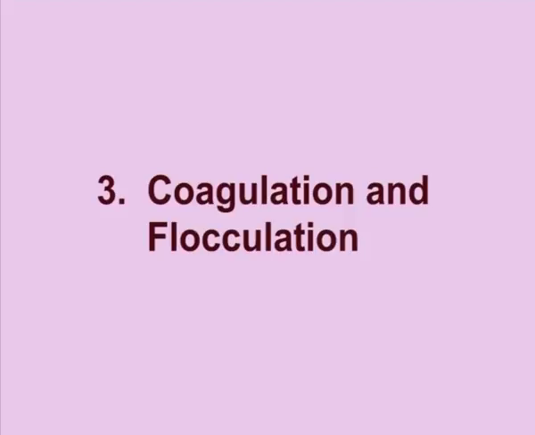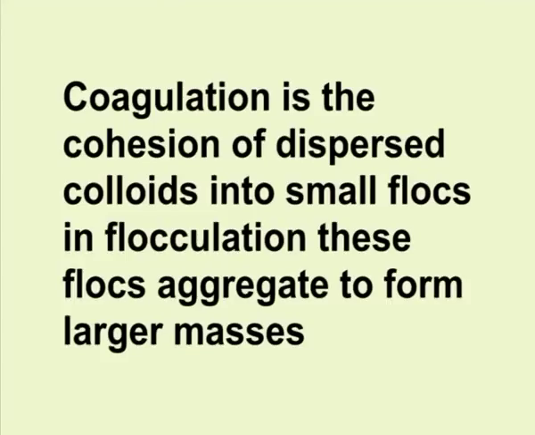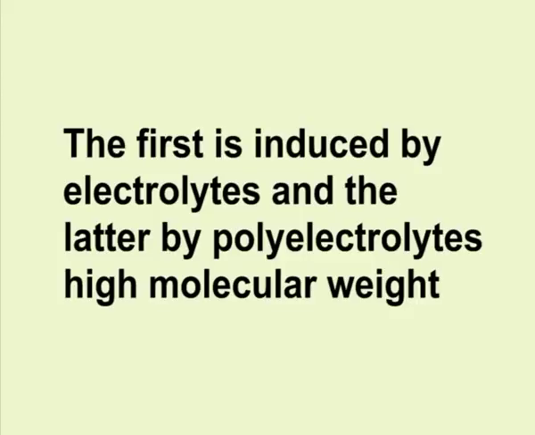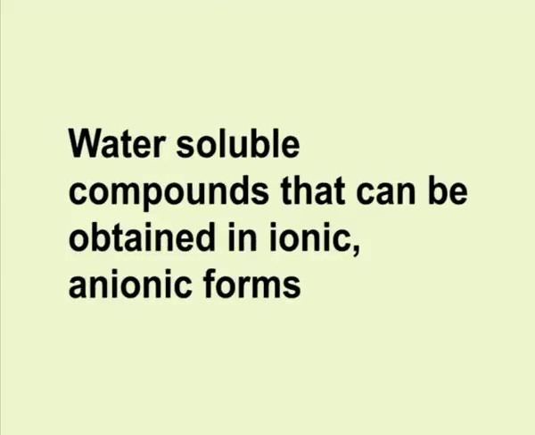Coagulation and flocculation. Coagulation is the cohesion of dispersed colloids into small flocks. In flocculation, these flocks aggregate to form larger masses. The first is induced by electrolytes and the latter by polyelectrolytes, high molecular weight, water soluble compounds that can be obtained in ionic, anionic forms.